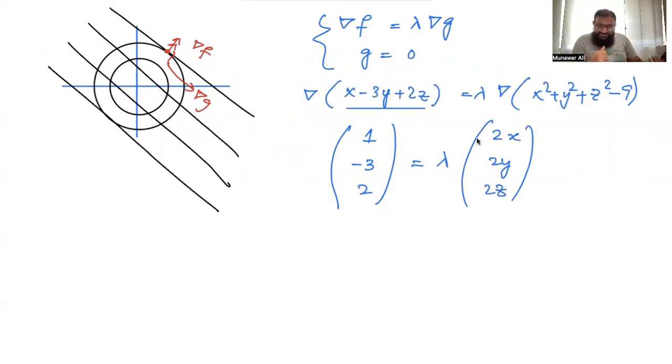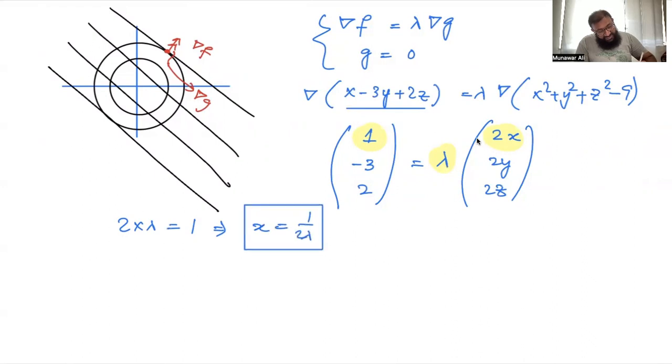I need to simplify this, and I'll get 3 equations, but I have 4 variables. The variables are x, y, z, and lambda, and I have another equation to find all these things. If I equate all the terms, the first one with the first one multiplying lambda, I'll get 2x lambda equals 1. This gives me the value of x as 1 over 2 lambda.